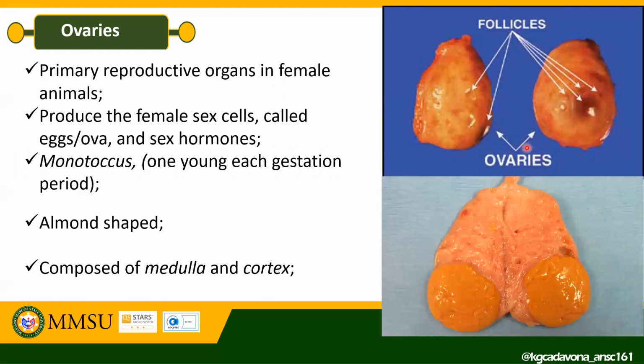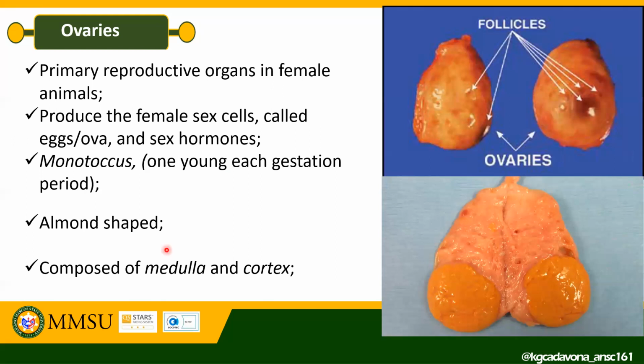Therefore, if you notice in the picture, the right ovary is larger than the left ovary. And to give you a fact about this one, about 60% of all ovulations come from the right ovary.